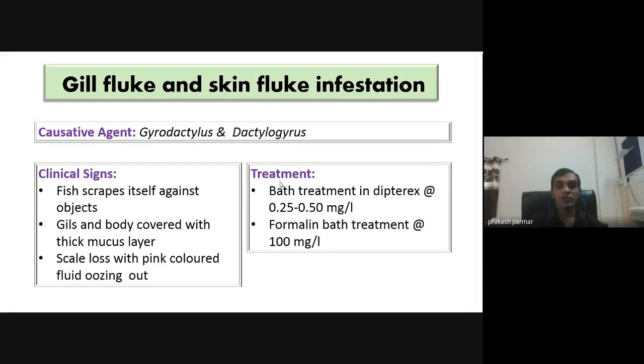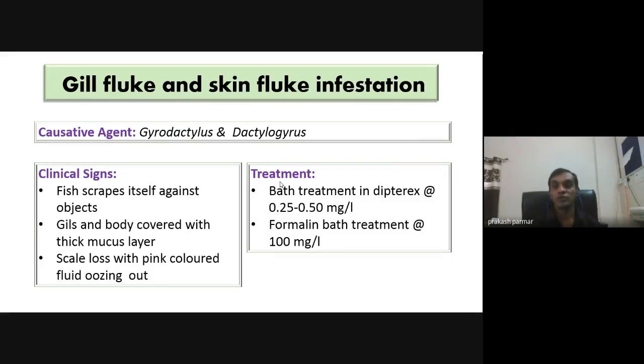Here the common clinical signs are that the fish scrape themselves against objects to remove these parasites. The gills and the body are covered with thick mucus. Mucus secretion becomes high, and from the scales, pink-colored fluids ooze out from the body and mix with the mucus.